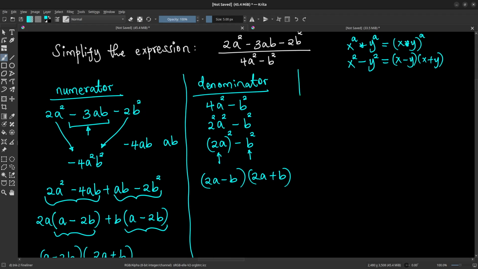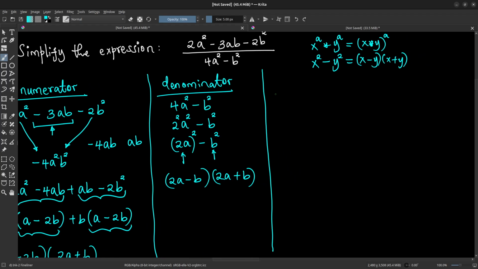Now it is time to do the numerator over the denominator.